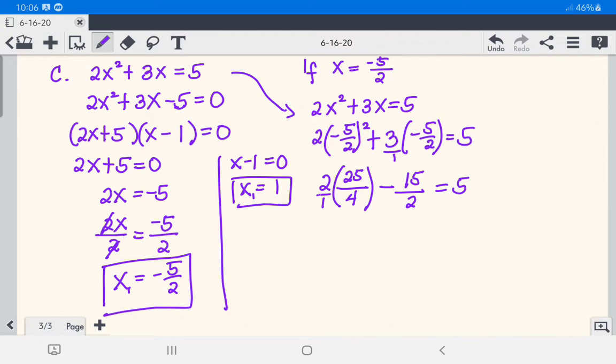Then you can now cancel 2 and 4. The common factor is 2. 2 divided by 2, 1. 4 divided by 2, we have 2.